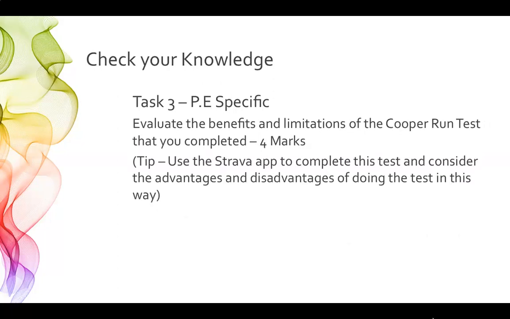Finally, once you've done that, we're going to do a slightly more PE specific evaluative task. Hopefully by now you've all completed the Cooper Run test that I asked you to do.